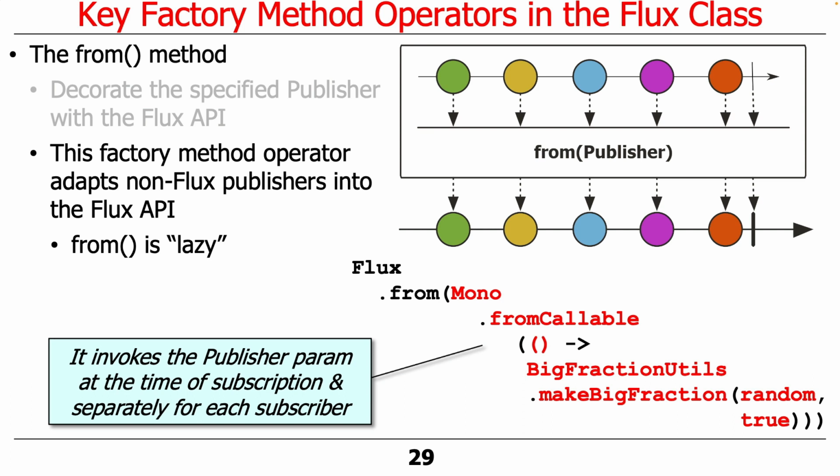And each time a different subscriber subscribes, you'll get a different result. I intentionally set this one up to demonstrate the case where we're making a random big fraction. So each time this thing gets called dynamically, every time it subscribes, you'll get a different value back. Again, underscoring the fact that the Mono.fromCallable is taking place dynamically at runtime.